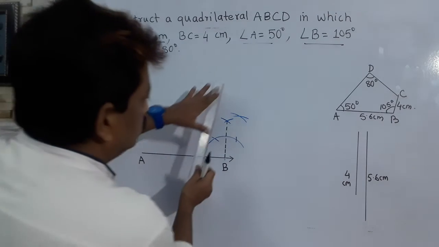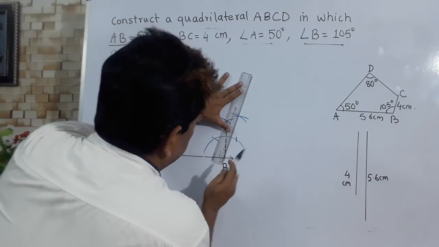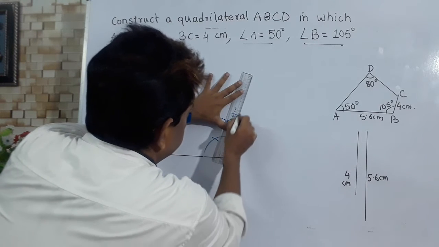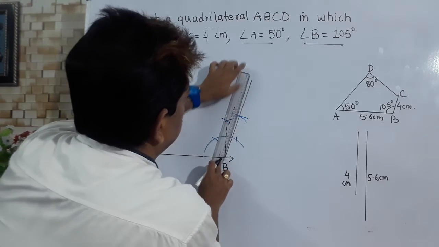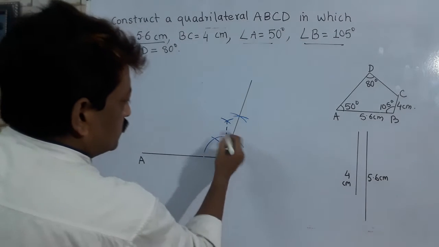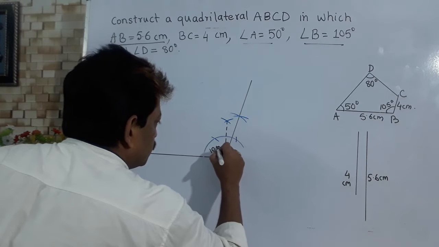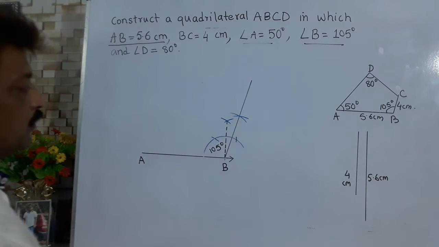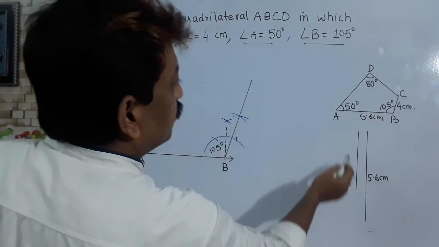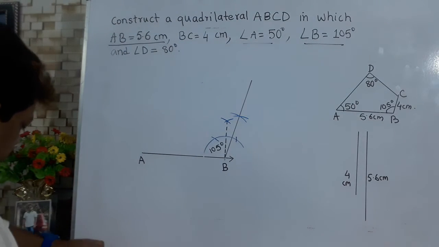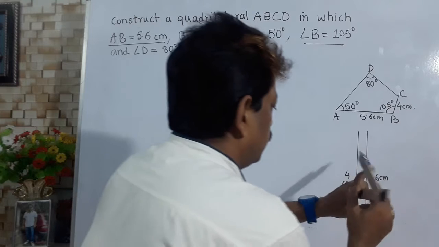Now let me join B with this point of intersection. So this is 105 degrees. Now BC has length 4 centimeter. So with the help of compass, again I have to take the measurement of 4 centimeter from this line.